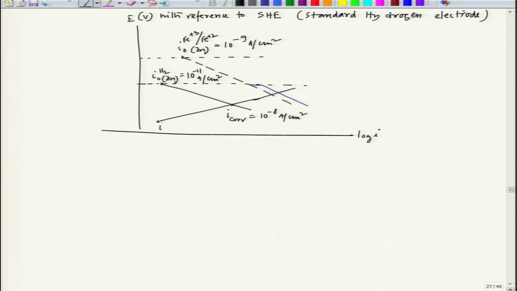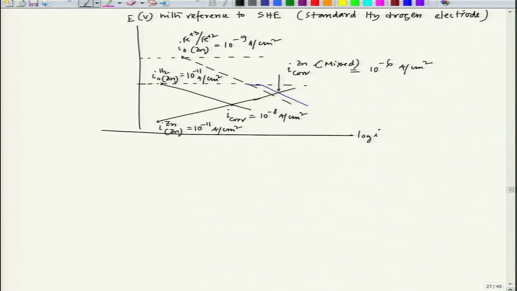This value, I0 of H2 over zinc surface, equal to 10^-11 again ampere per centimeter square, and the corrosion rate of zinc, I_corr of zinc, I put mixed when the mixed potential theory is applied. So, this value becomes 10^-6 ampere per centimeter square.